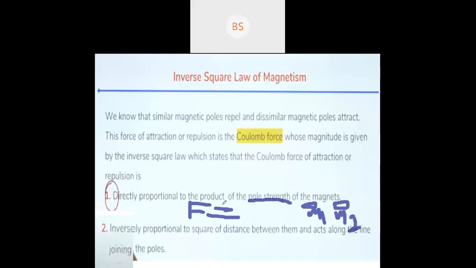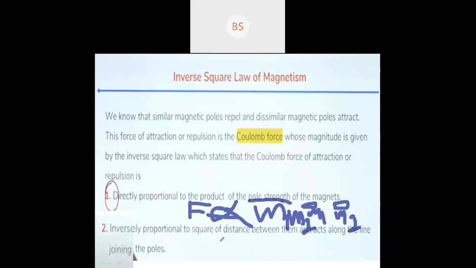So force of attraction F is directly proportional to M1 into M2. Like this we can mention: Coulomb force is directly proportional to the product of the pole strengths of the magnets, that is M1 and M2. These are the 2 poles.